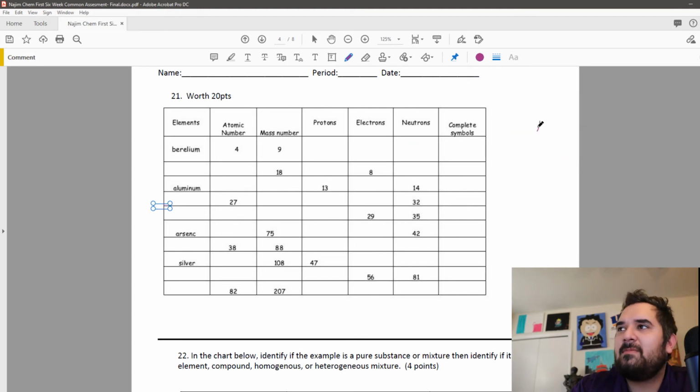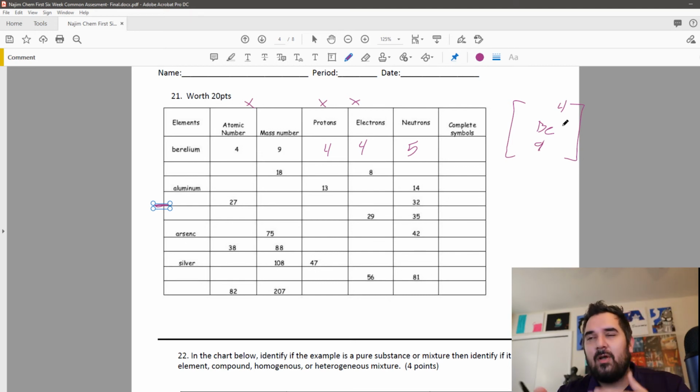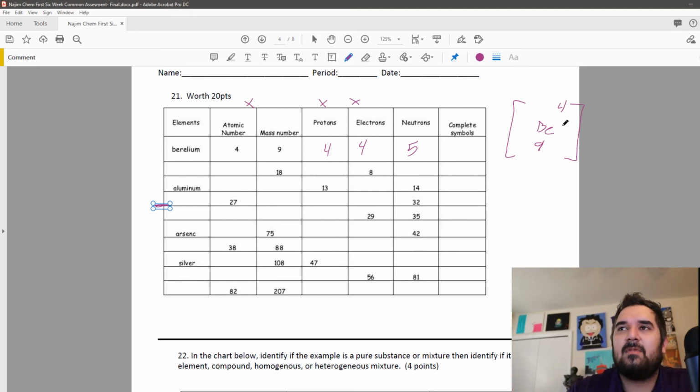So for beryllium, that's Be. And then it gives you your atomic number at the top. So you get a 4 here, and then you have a 9 down here. That's how the periodic table shows you them. What you need to know is that there's a nuclear notation. And let me show you that right quick.